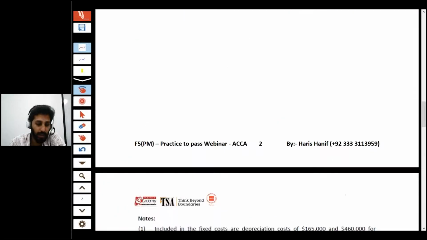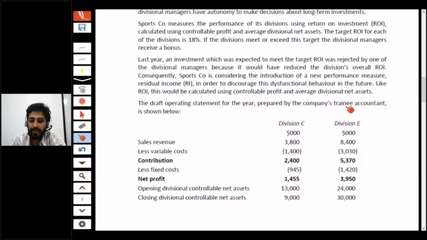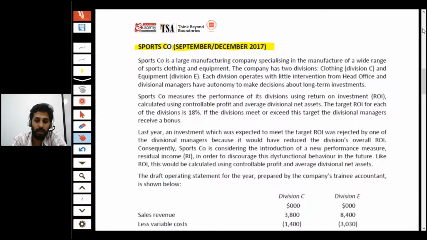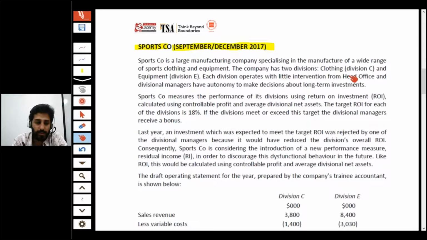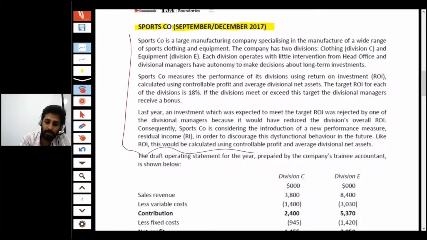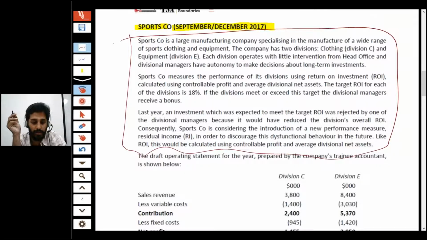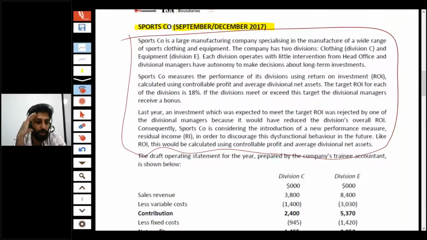But before I start with this question, I want you to read this case from here till here so that your reading skills can be improved. Please read this information with thorough attention.